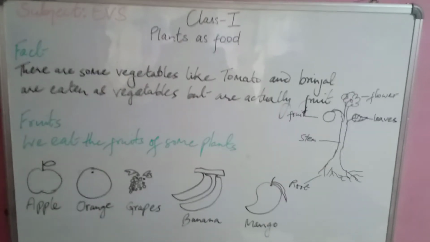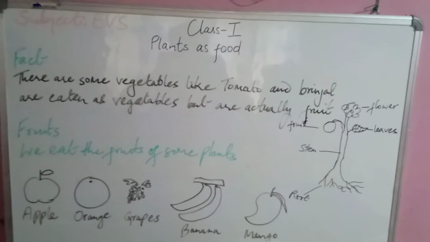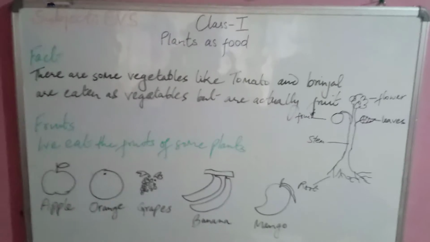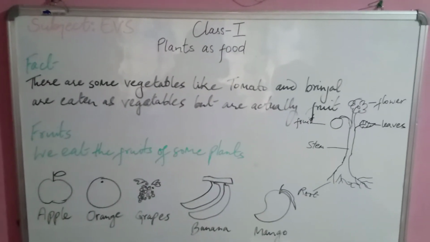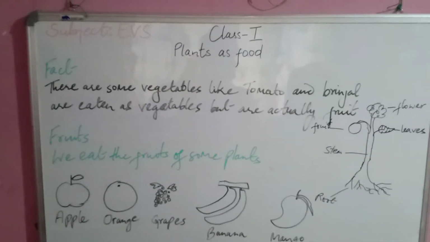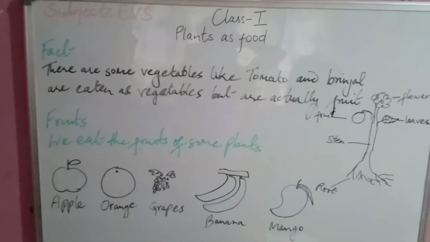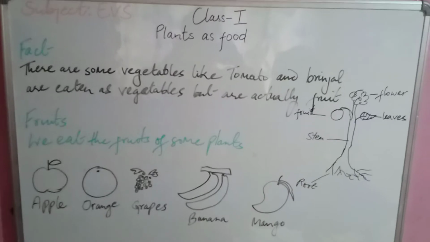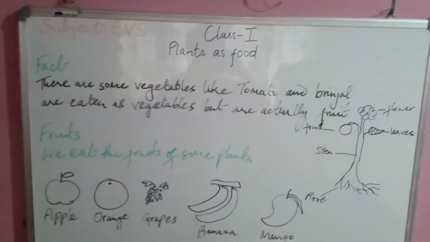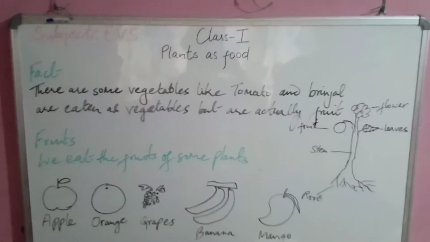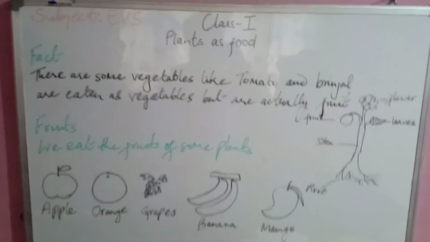So moving on with the topic fruits. We eat fruits of some plants. As you can see, there is a picture of apple, orange, grapes, banana, mango, and there are a lot more fruits which we know and eat.